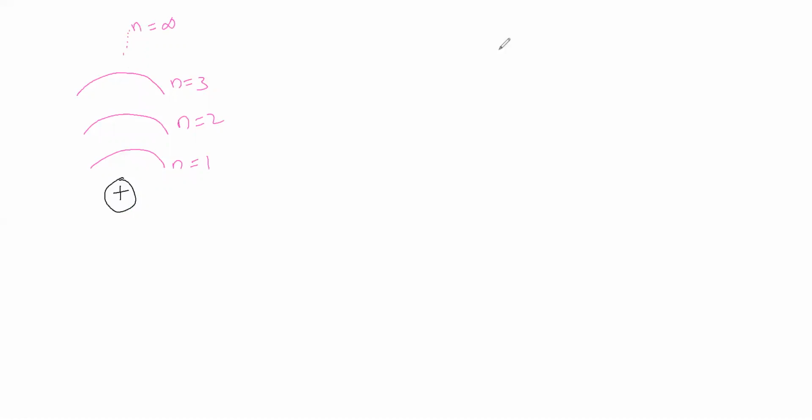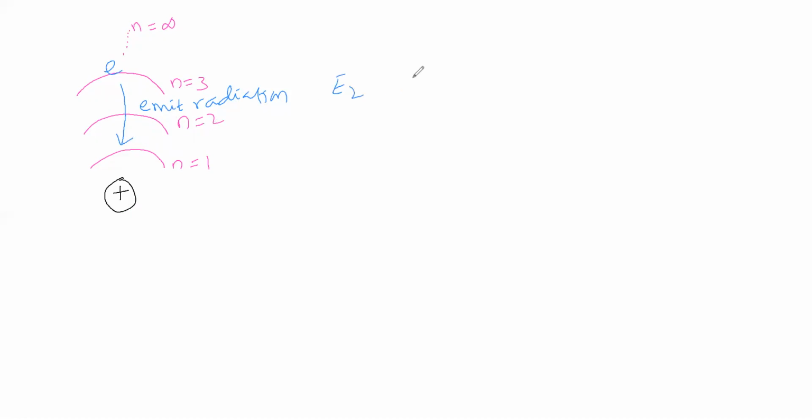Now, when the electron is present at, suppose, the third level and it is jumping to the first level, when the electron jumps from a higher energy level to a lower energy level, it will emit radiation. So now the higher energy level we will take as E2.